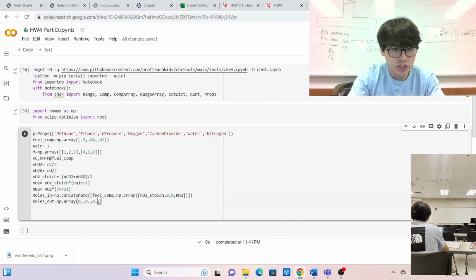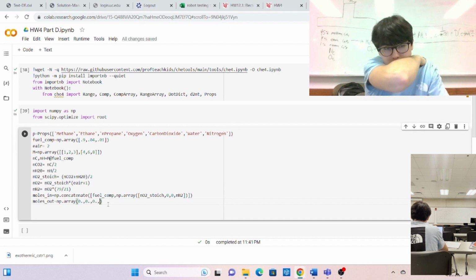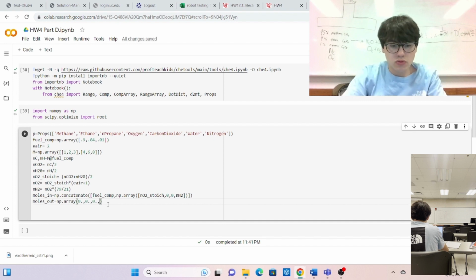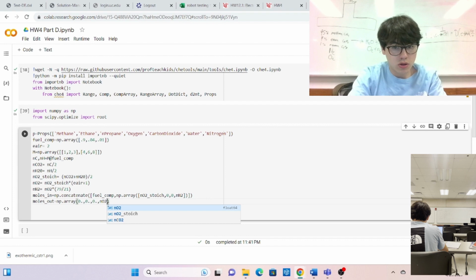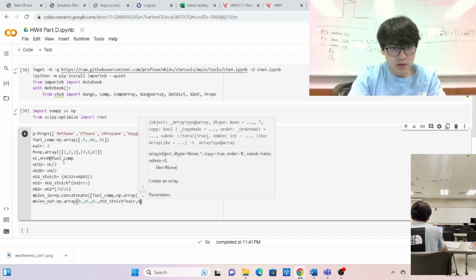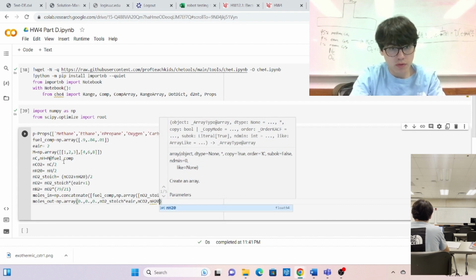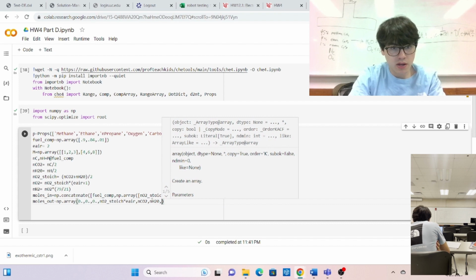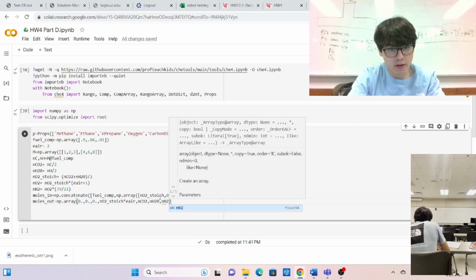And then in terms of oxygen, we will have just the excess amount of oxygen, so it will be NO2 underscore stoic times E air. Carbon dioxide will have NCO2. Water will have NH2O, because those are what's forming in the system here. And then nitrogen will stay the same because it's not involved in the reaction at all. It's just there because the excess air is there.